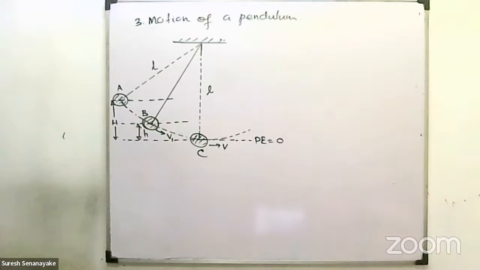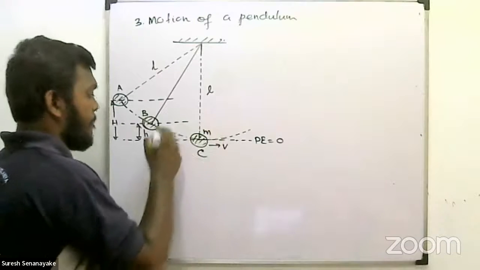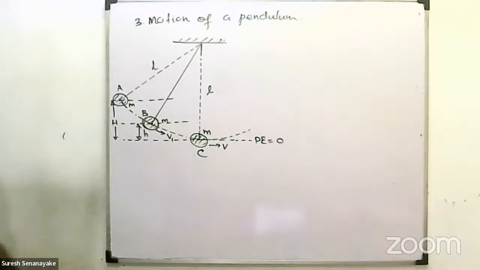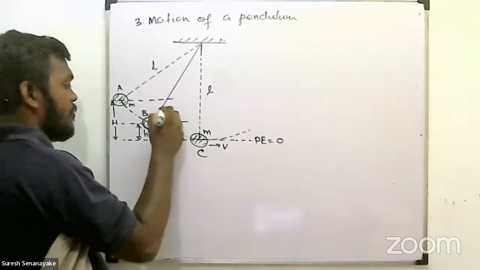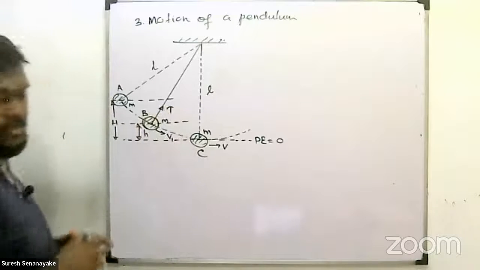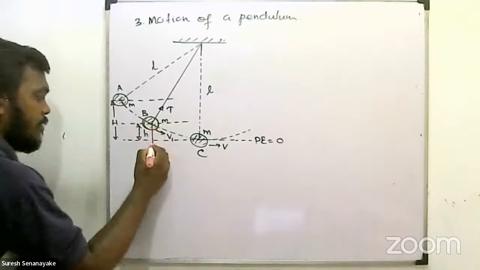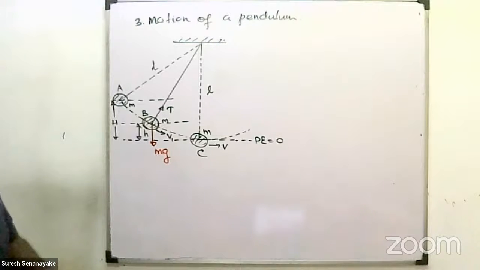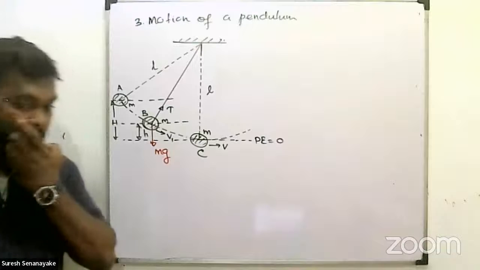Velocity is also marked. Mass of this bob is m. You can see here when the bob is moving, the tension is there, and also the weight of the bob is there. It's downward always, right? Weight. Let's draw this one.